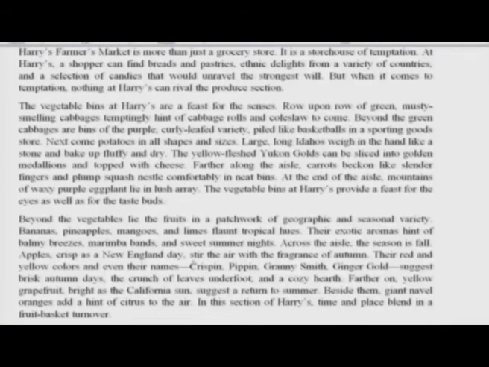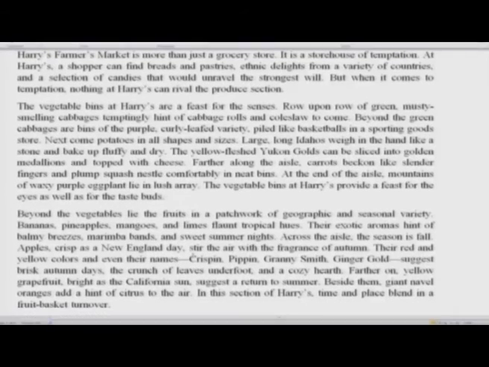So, there are 4 paragraphs. So, if you leave out this concluding paragraph, there are 3 paragraphs. So, what is the function of these paragraphs? So, now we know the essay is about the produce section. So, this is dealt with in the body of the essay.